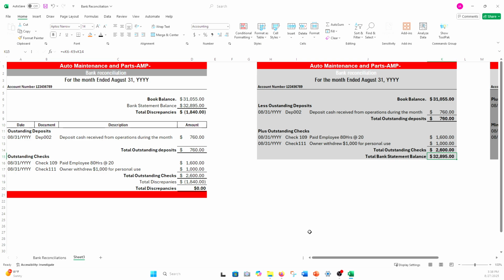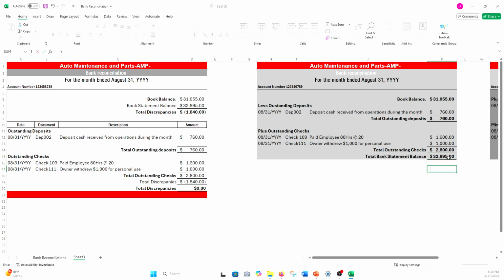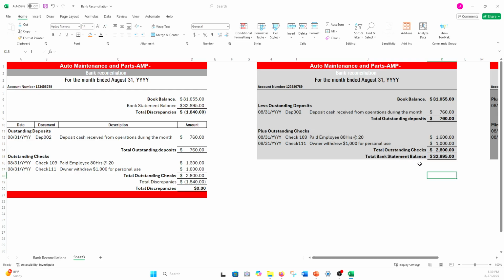So the only thing is that if you do it this way, you know that you have zero discrepancy either way, because the 32,895 that you have in your statement minus the bank balance here, the balance is zero as well.